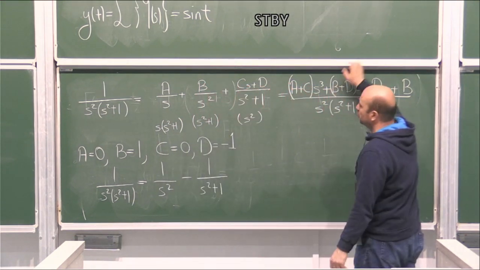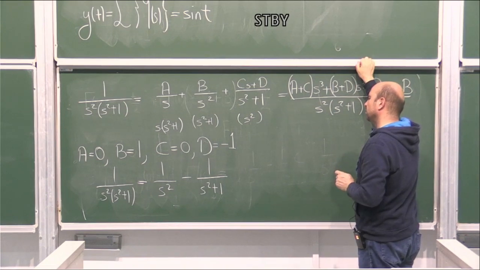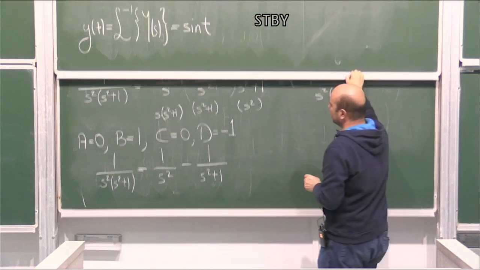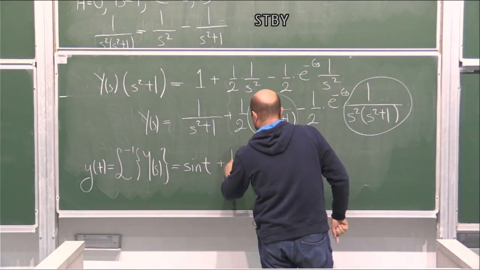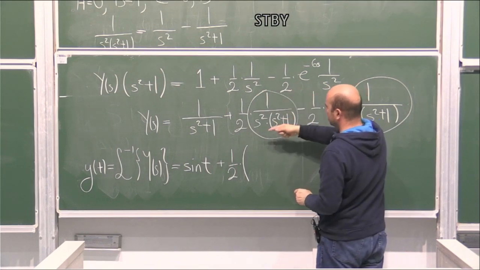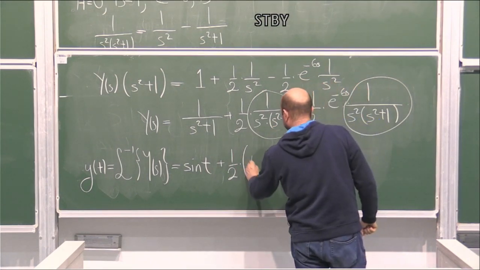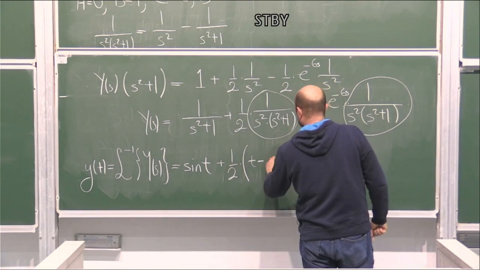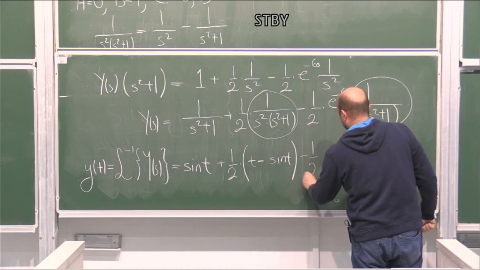So if you look at this part, it's 1 over s squared minus 1 over s squared plus 1. 1 over s squared's inverse Laplace is t. The other is sine t.